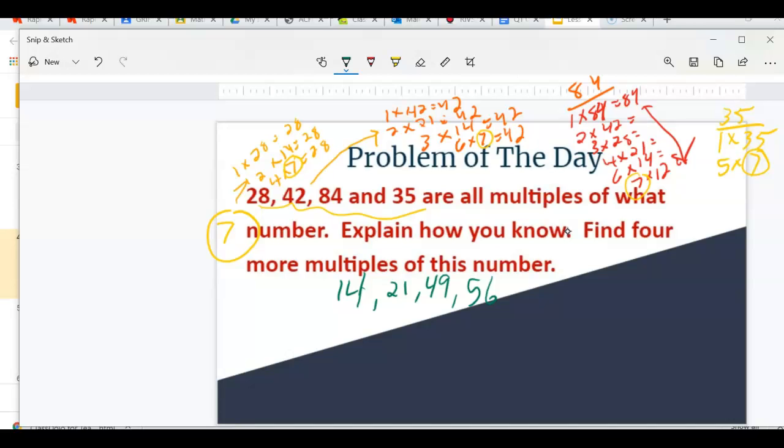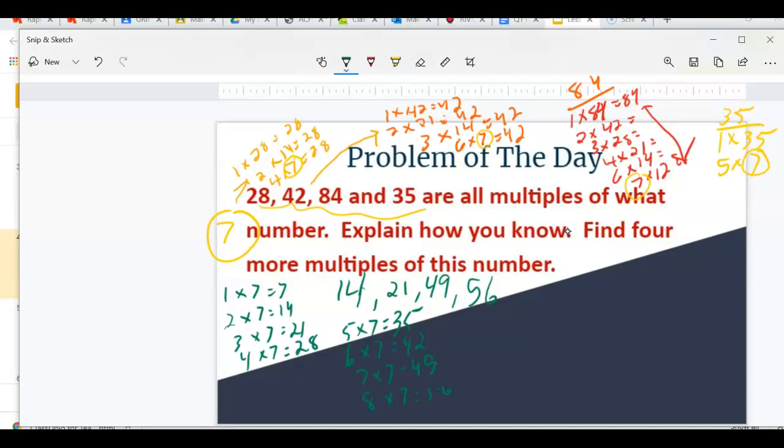So now if you go through and you look at your math table again, 1 times 7 is 7, 2 times 7 is 14, 3 times 7 is 21, 4 times 7 is 28, 5 times 7 is 35, 6 times 7 is 42, 7 times 7 is 49, 8 times 7 is 56.